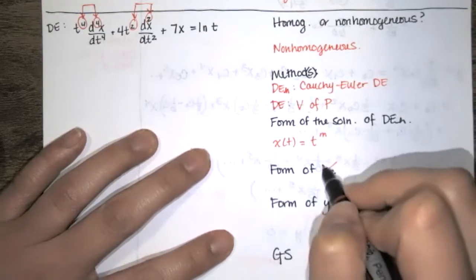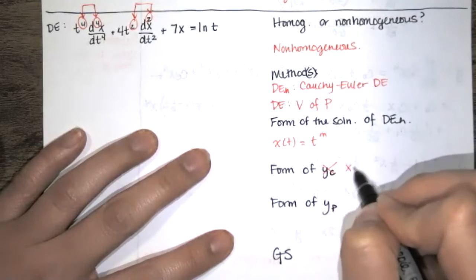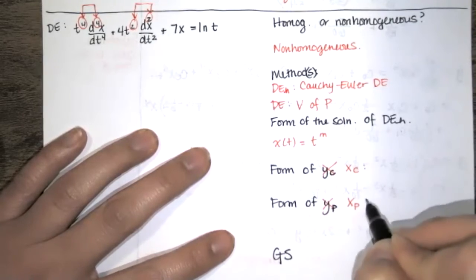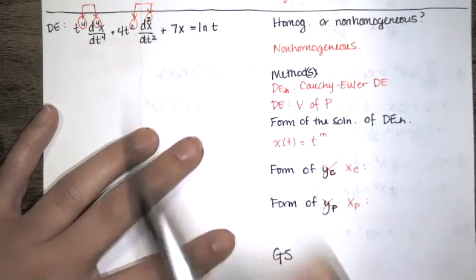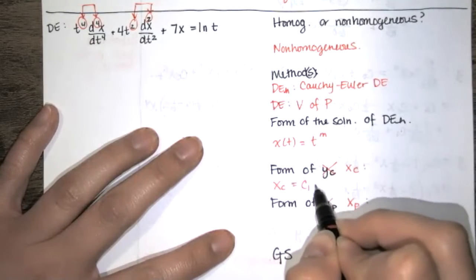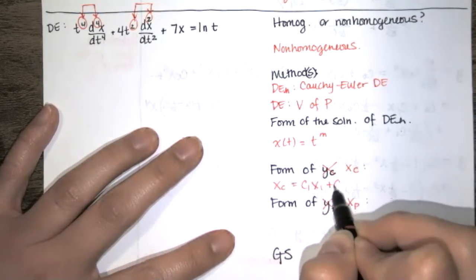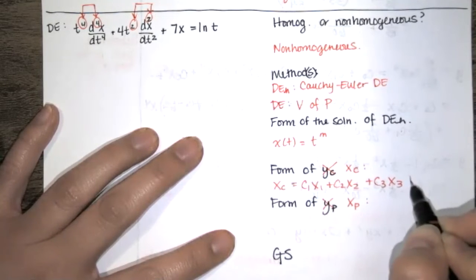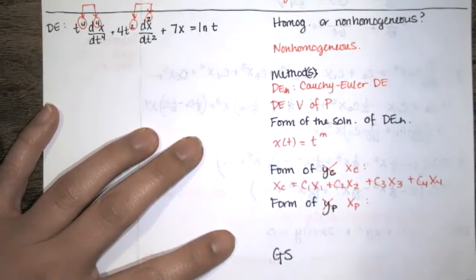And I guess it shouldn't be y sub c, it should be x sub c. And in this case, we'll have x sub p here. Now, since it's a fourth order equation, x sub c will have this form: c1 x1 plus c2 x2 plus c3 x3 plus c4 x4.